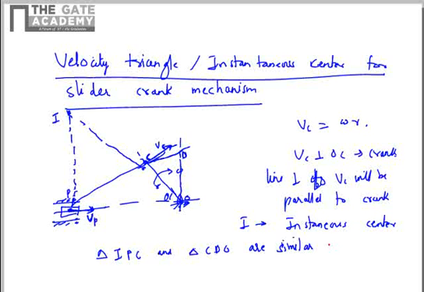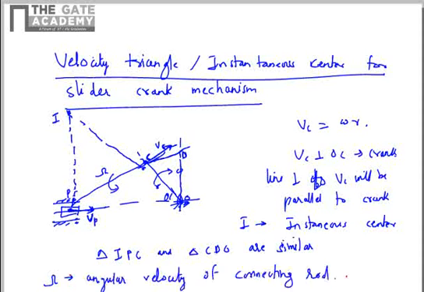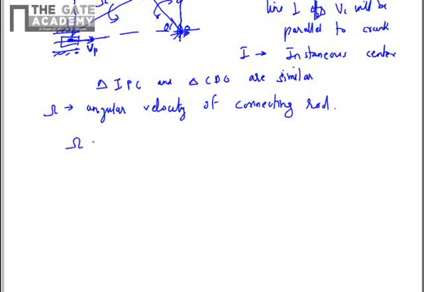One of the questions asked in examination is to find the angular velocity of the connecting rod. You know that omega is the rotational angular velocity of link PC, which is constant for PC if you consider the instantaneous center.